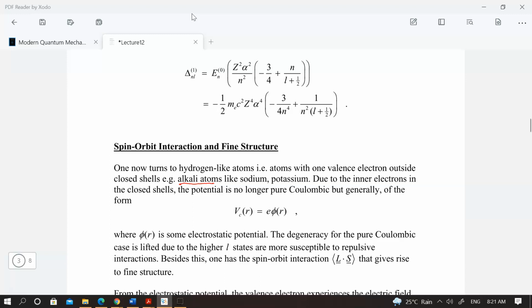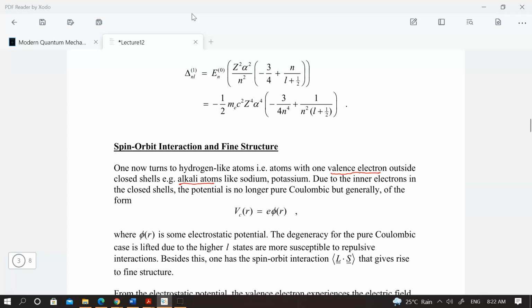Essentially there will be some inner electrons from the inner shells, and the outer electron is called the valence electron. I believe you have come across this idea somewhere.